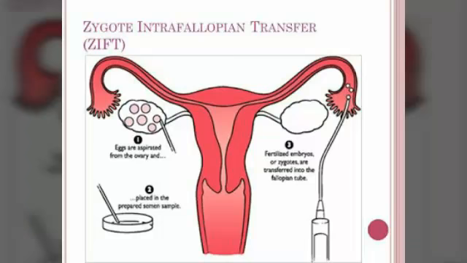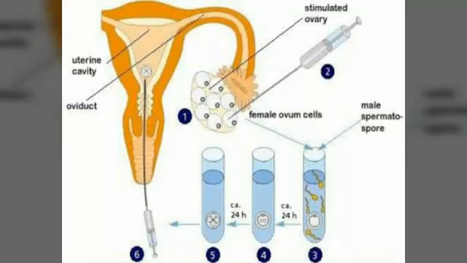Next one is GIFT. GIFT is the full form of gamete intra-Fallopian transfer, and then there is IUT. IUT means intrauterine transfer.